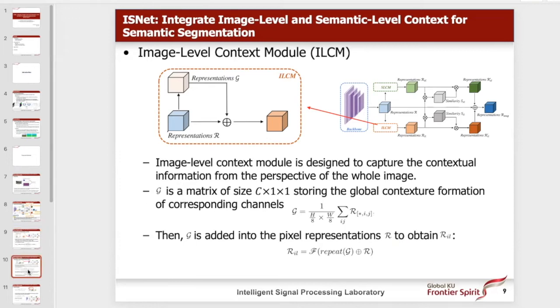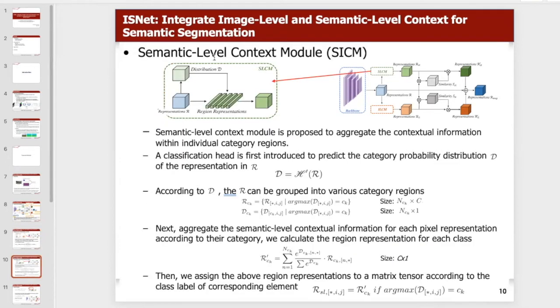Okay. After knowing about the image level context module, let's come to the semantic level context module, and it corresponds to this part in the whole architecture. The semantic level context module is proposed to aggregate the contextual information within individual category regions.